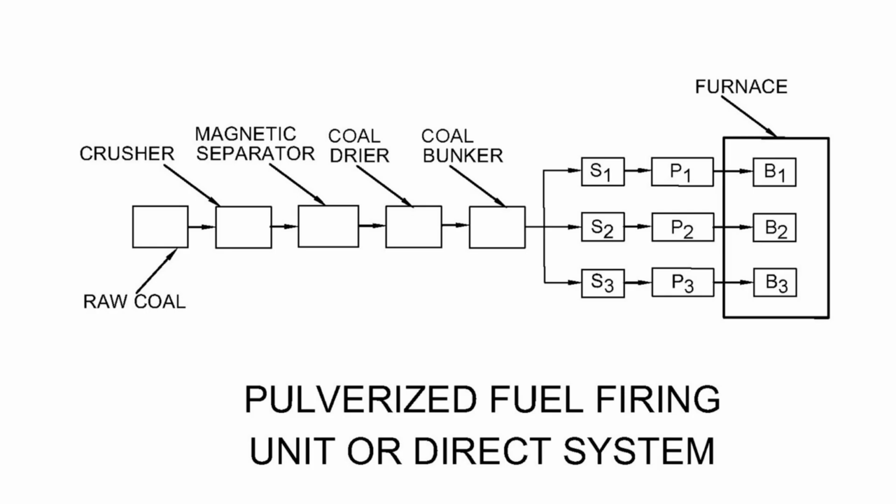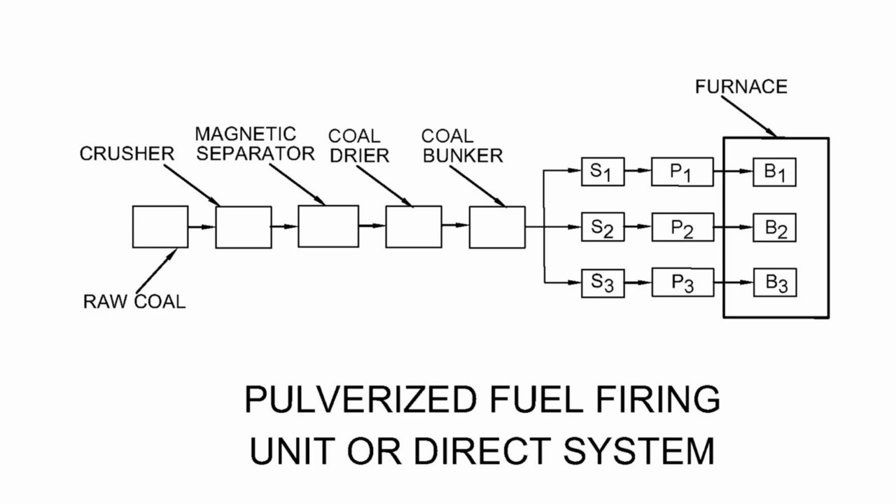As we are aware, smaller pieces of coal can be pulverized easily. From here, smaller pieces of coal move to the magnetic separator. As is known, it takes away iron pieces that may be present in coal. Magnetic force causes this separation.